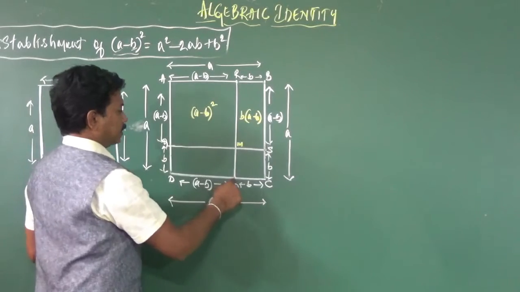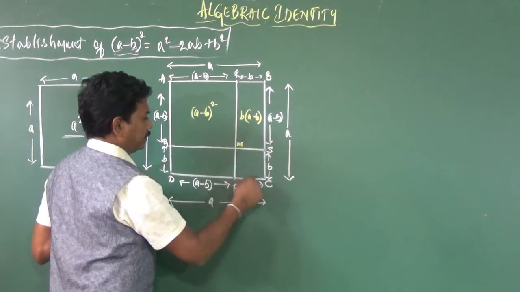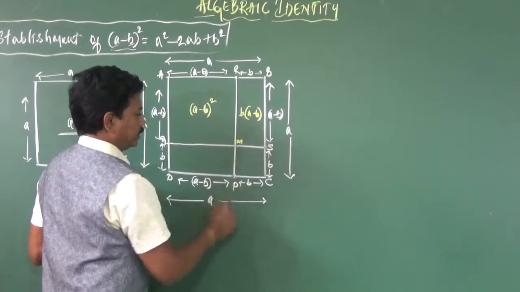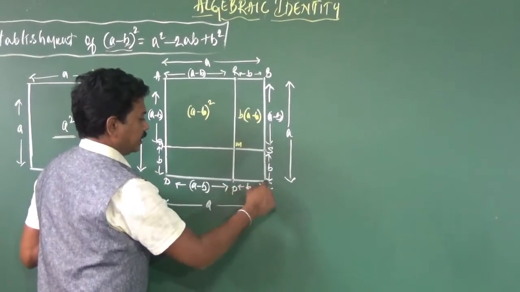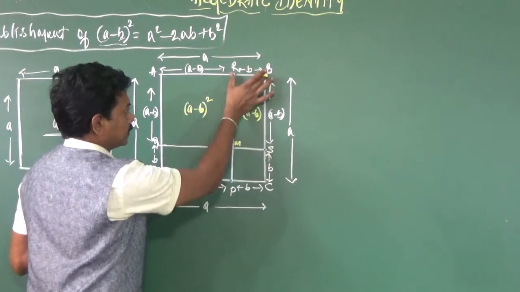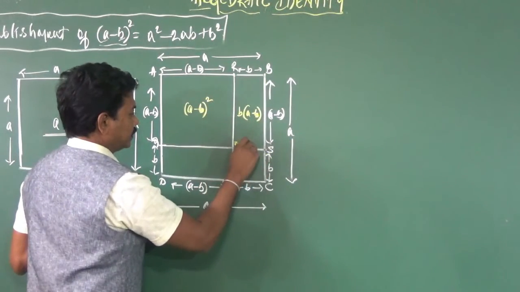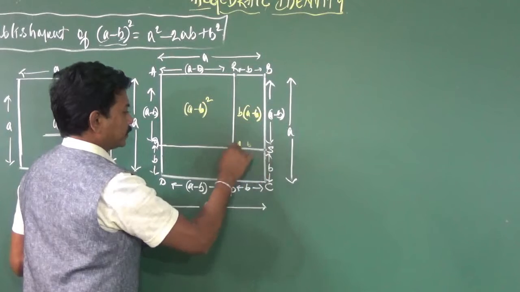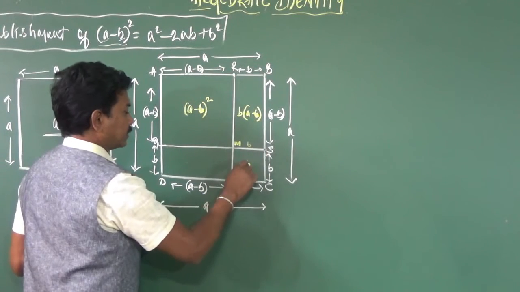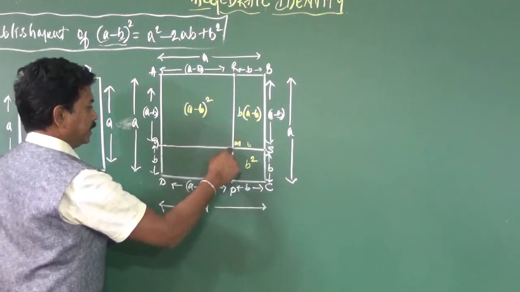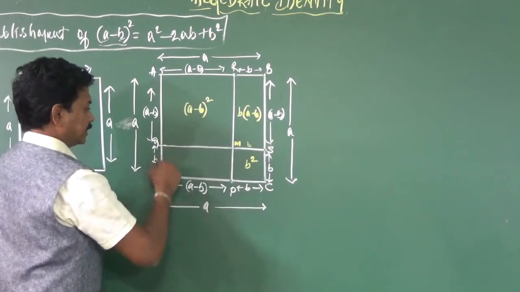Now, what is the area of PCSM? This is also a type of polygon. When we see the sides are equal, b units, this is parallel to this, so this is equal to this, therefore this is also b units. So all the four sides are equal here, so it becomes a square. Therefore area of this square is b square units. Next is QDPM. This is the rectangle here.